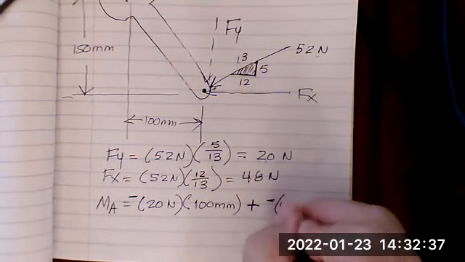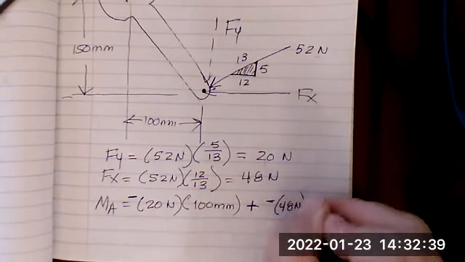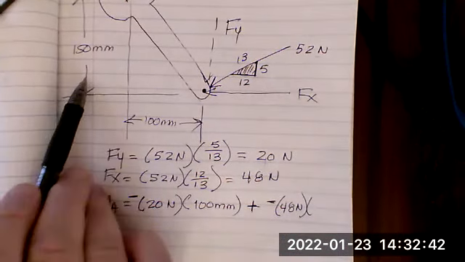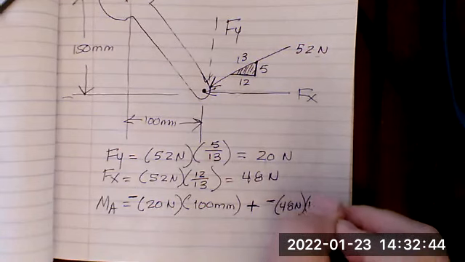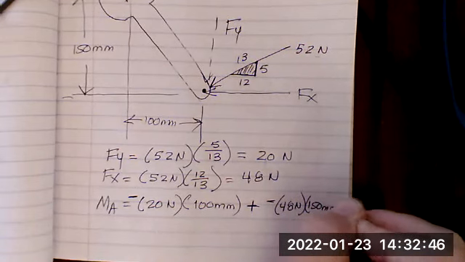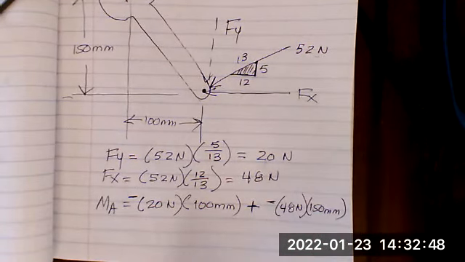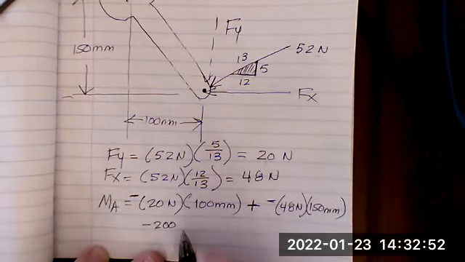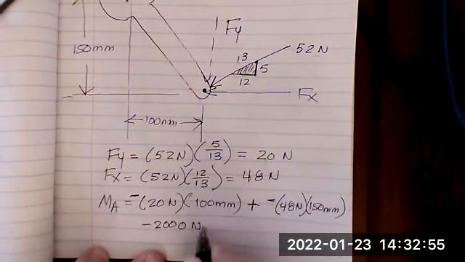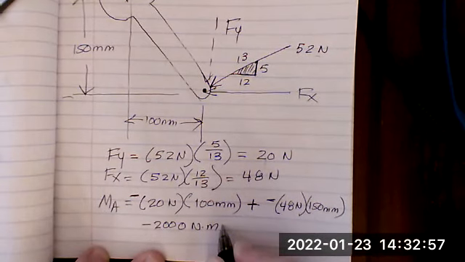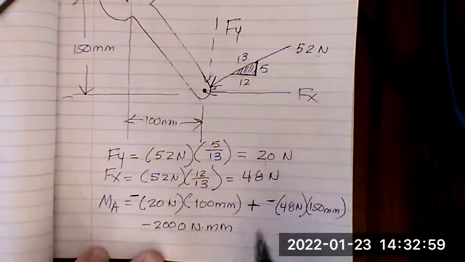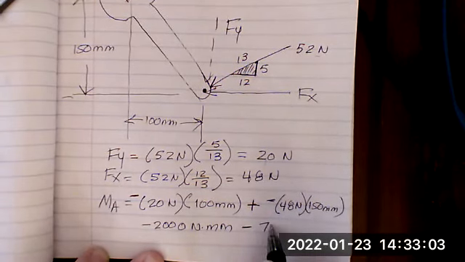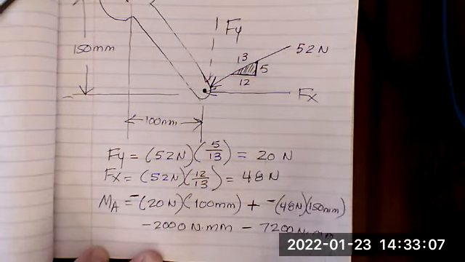48 newtons times this moment arm of what? 150. So you're going to get a negative 2,000 newton millimeters minus 7,200 newton millimeters here.